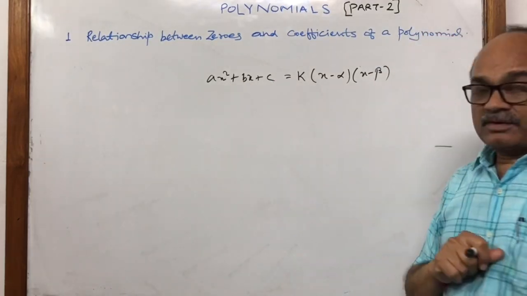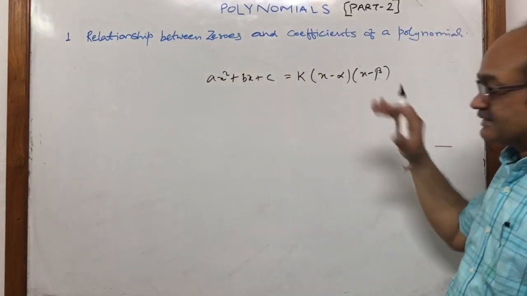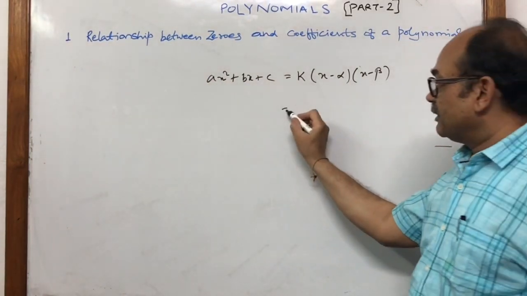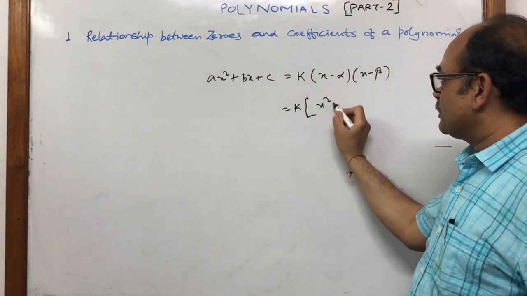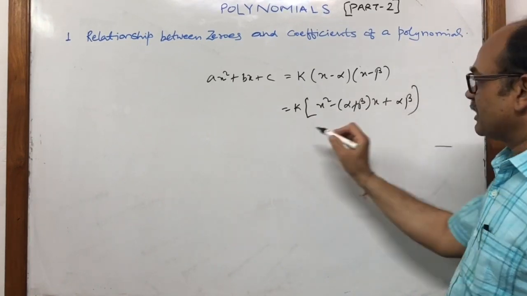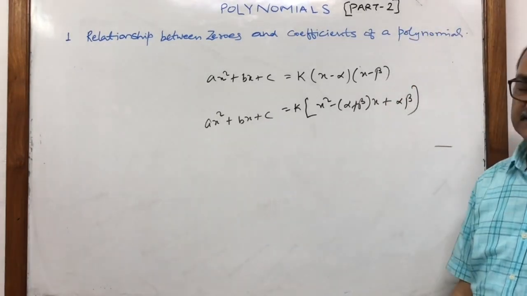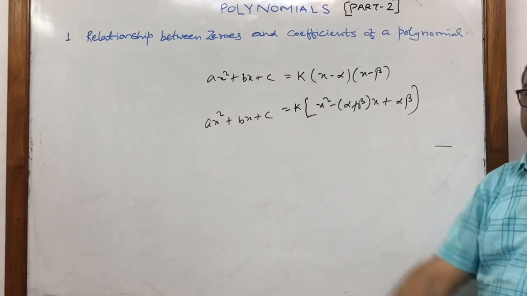If we compare the coefficients from left hand side to the right hand side, what are we getting? Multiply these two: x square minus alpha plus beta x plus the product, and here ax square plus bx plus c as it is.